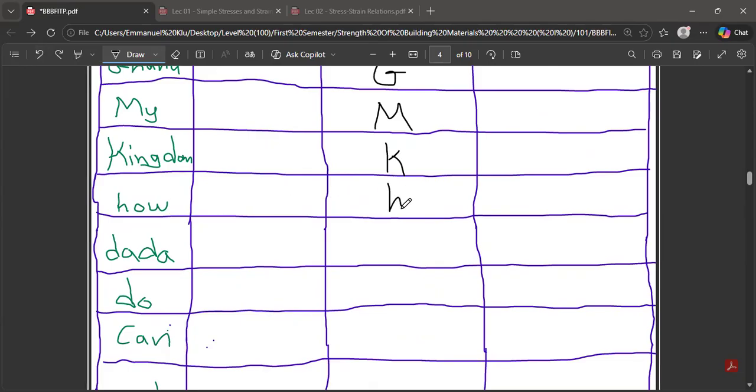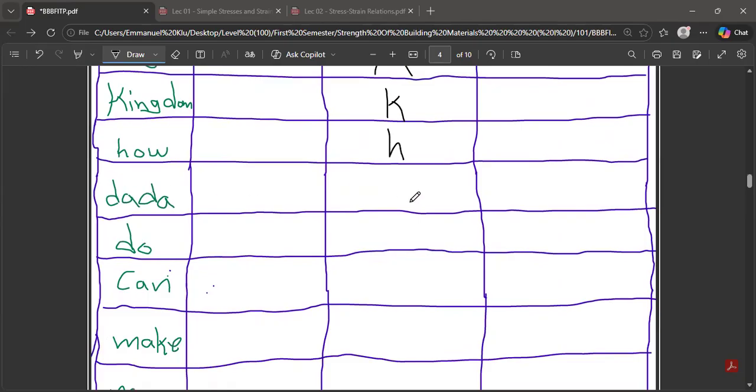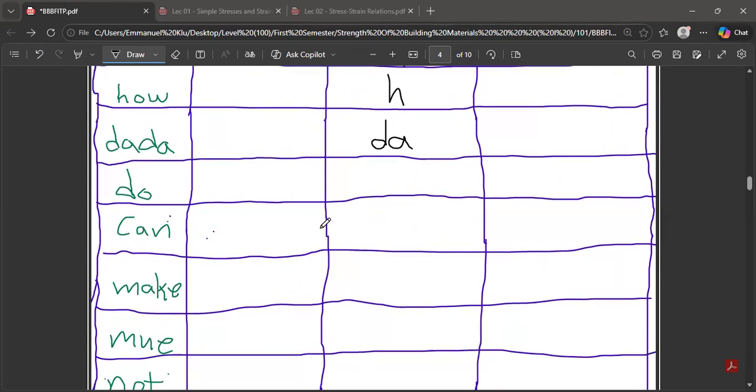Dada becomes our what? Deca. Deca, DA because I'm saying Dada. Good. Do becomes our what? Deci. And then the C becomes our centi. Good.